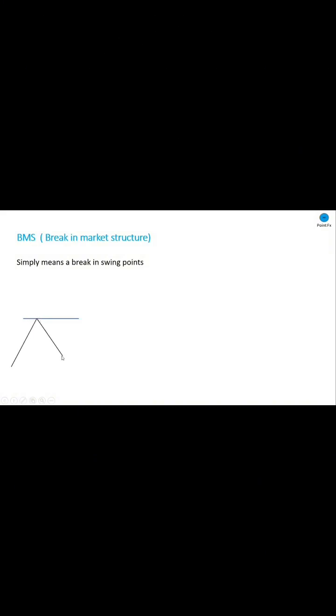So if this price starts going up again to break this particular horizontal line, we'll say that this is a break in swing point, and we'll call it a break in market structure. So this particular point here is a confirmation of this break in swing point. We'll call it the breaking point. All right, so this is a break in market structure, because it is a swing point break.